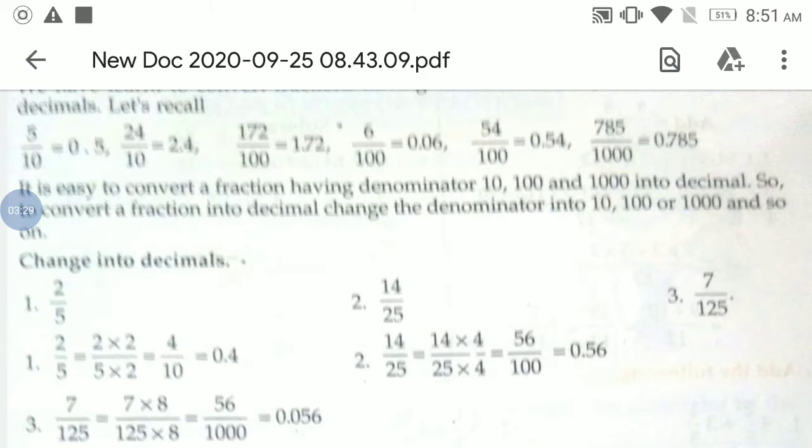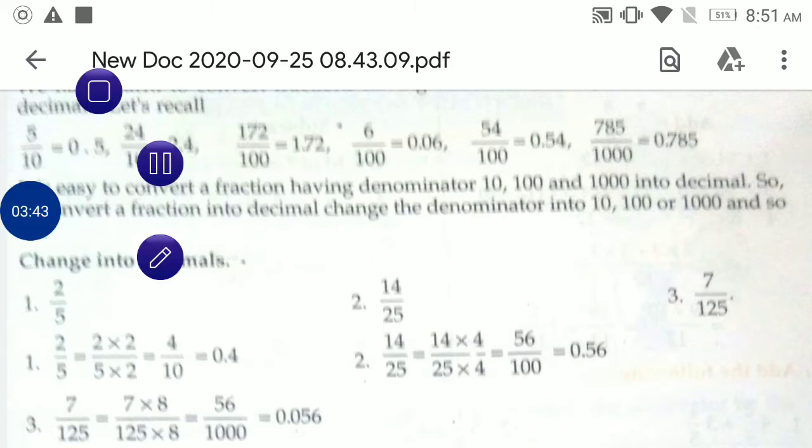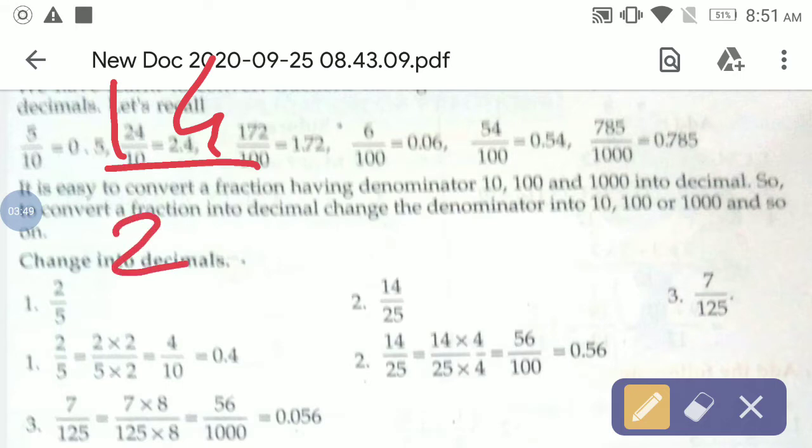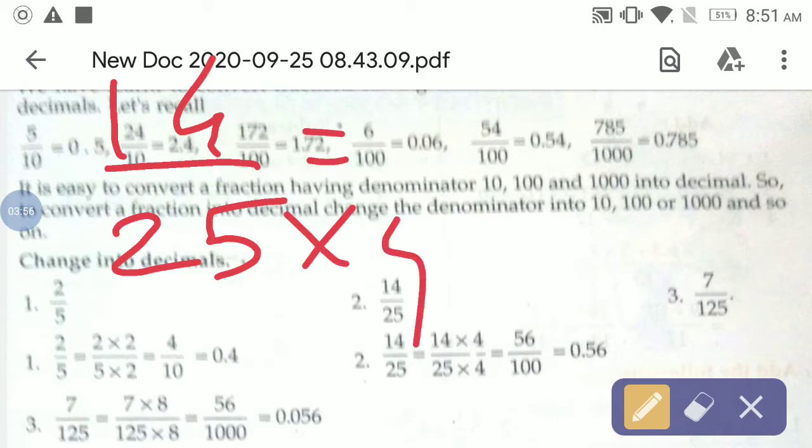Then next is 14 upon 25. You have to observe the numbers, how we can convert them into 10, 100 or 1000. Now it's very easy for 14 upon 25. To convert that into 100, what we can do? We have to multiply 25 by 4, so you will get 100.